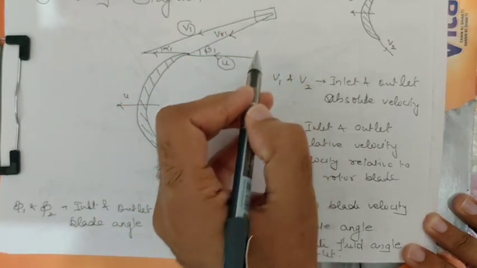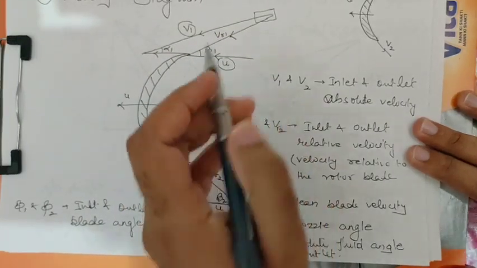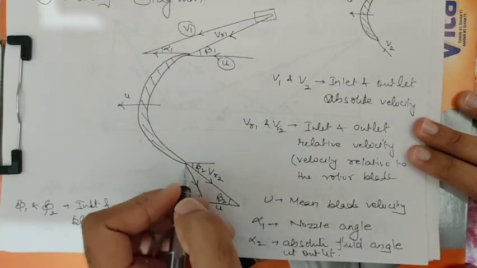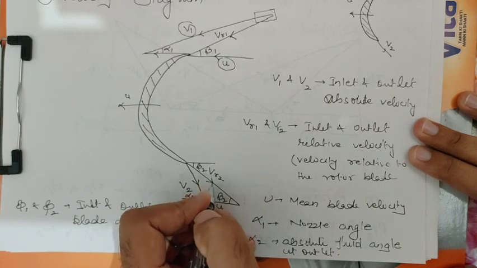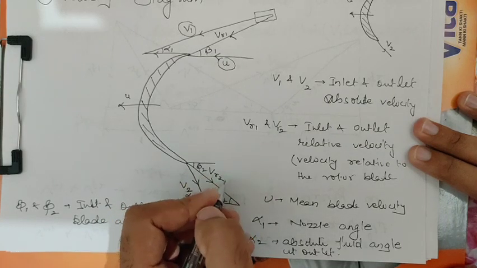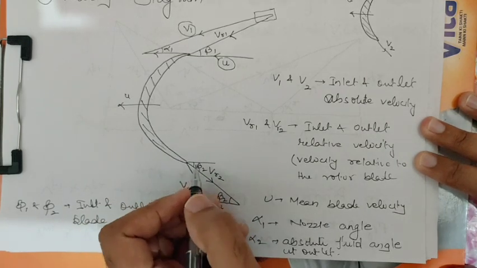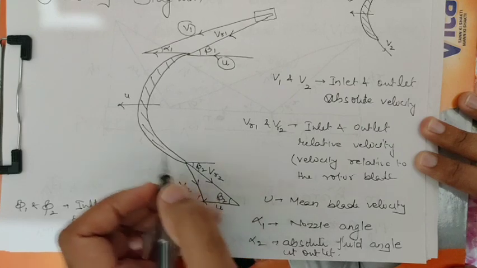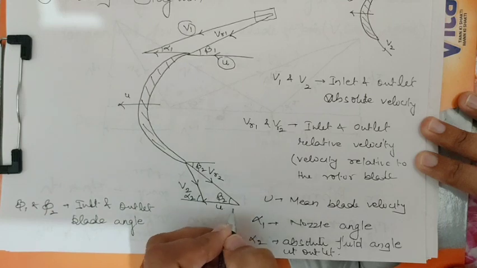So this is the inlet part. And this steam goes out of the profile blade in this direction. So this is the relative velocity at the outlet, VR2. VR2 is the relative velocity at outlet, and this is coming at the angle beta 2. This is the outlet blade angle. The velocity of blade, that is the mean blade velocity, is in this direction.